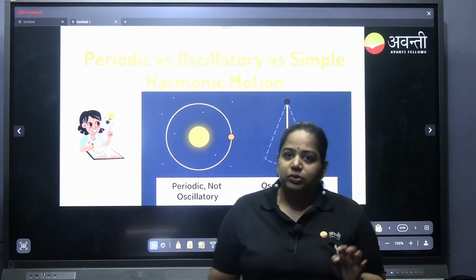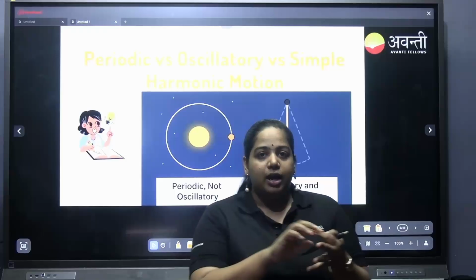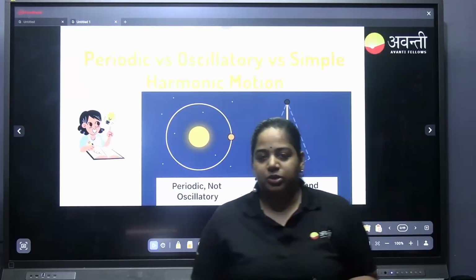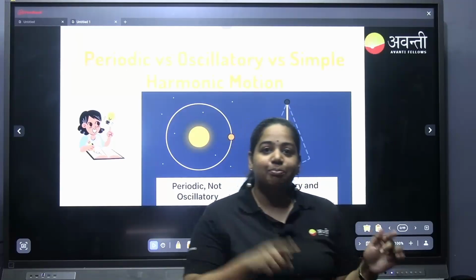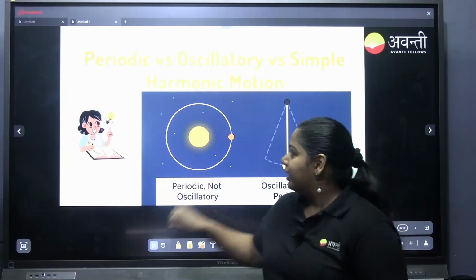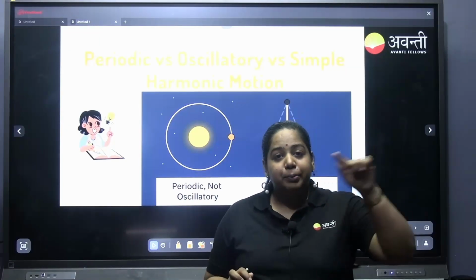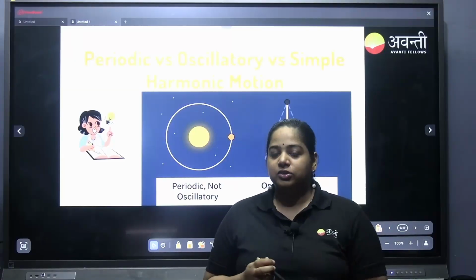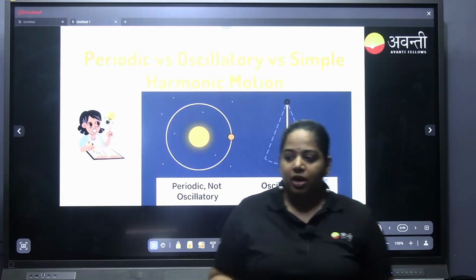So we know some difference between periodic motion, oscillatory motion, and simple harmonic motion. Periodic motion means any motion which will repeat after an amount of time. For example, a planet revolving around the sun. It will repeat after 1 year again, right? So it is a periodic motion, but it is not oscillatory.